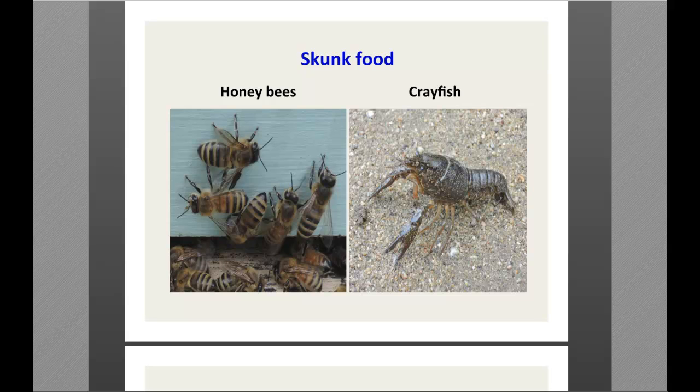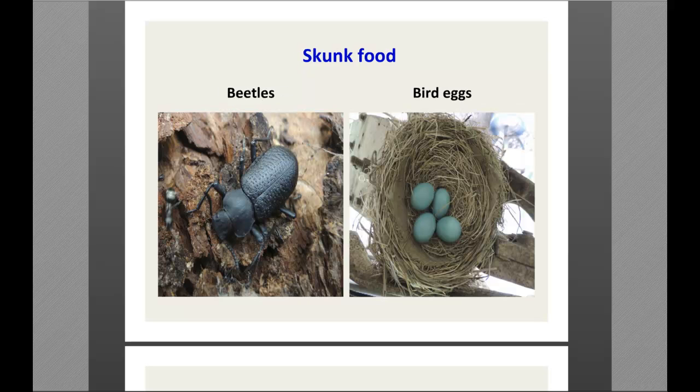You'll see here I'm showing you some honeybees and also a crayfish. These would be, of course, 2 items in their diet. And likewise, beetles. They love to eat beetles, and bird eggs, and probably even young birds as well.